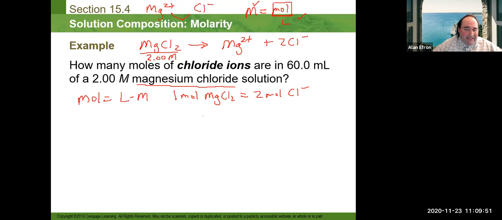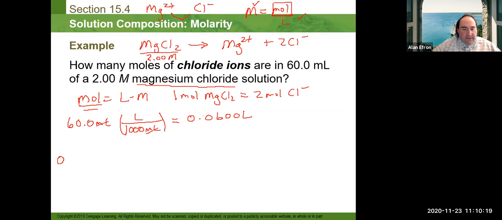So in order to get to moles to do that, we do have to use the volume and the molarity. So we do have to do a conversion. So we have 60 milliliters. We want to convert it into liters. So we could divide by 1,000, or you can move the decimal place 3 places over, going to give you 0.06 liters when you do that. So now we have our 0.06 liters.